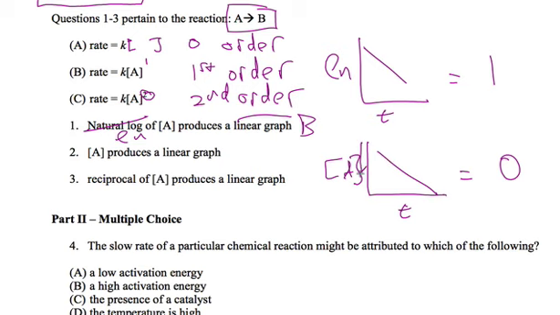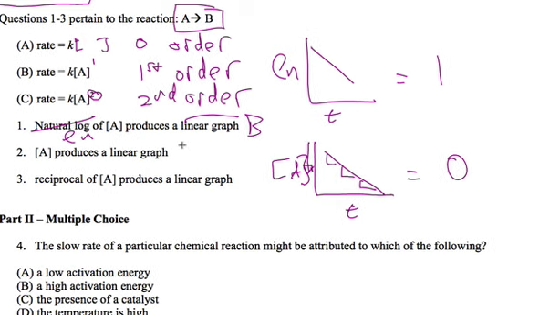No matter what the concentration of A is, the slope of the line, or the rate of the reaction, is constant. So that's going to be A, and by default we have C, but if we had the reciprocal of A, linear upwards versus time, that would be second order.